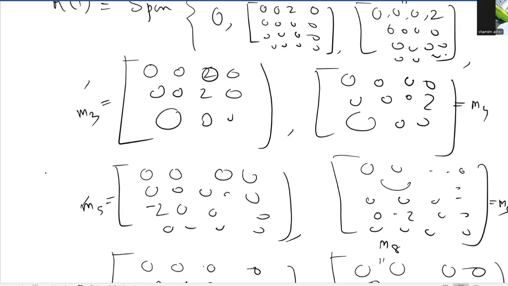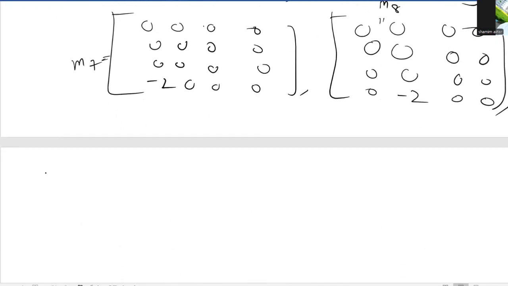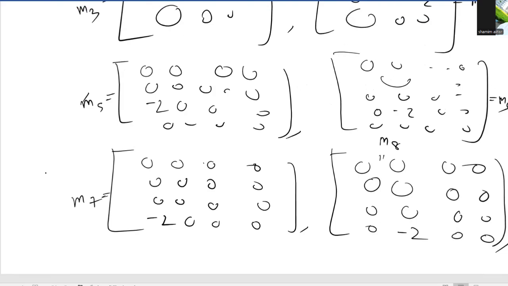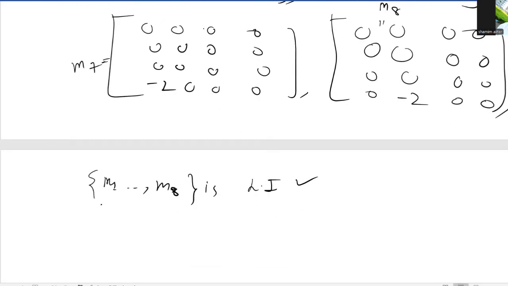Okay, this set M1 to M8 is linearly independent.